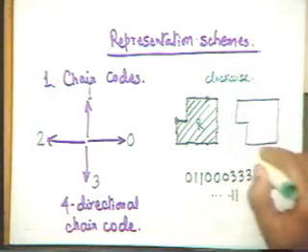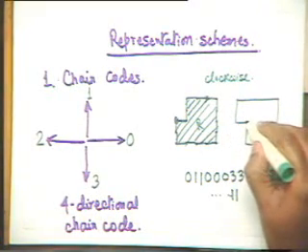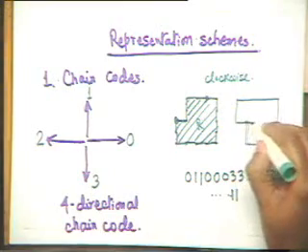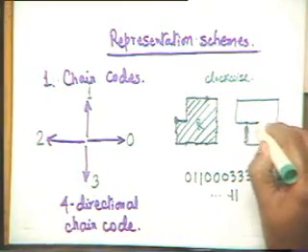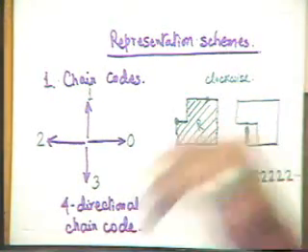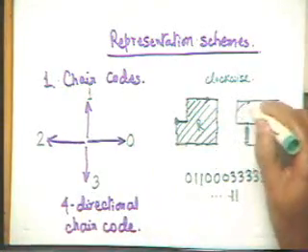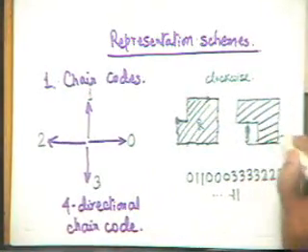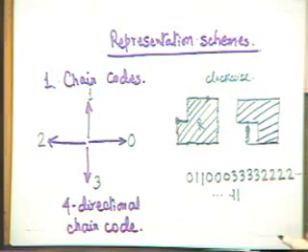This is the same object, but I have just tilted it by 90 degrees. Do you think that the code remains the same? Obviously not, because our directions are also changing. These direction numbers are changing.